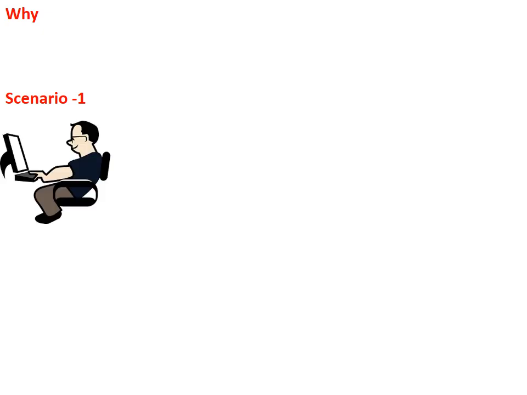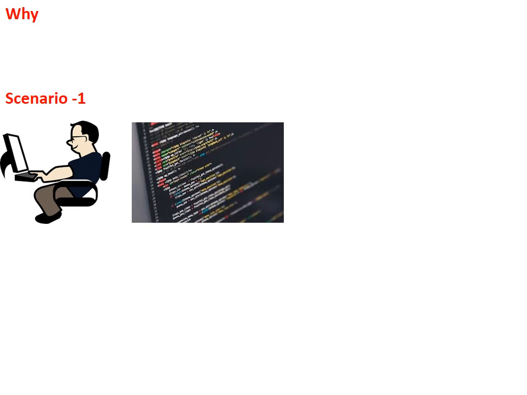Now we will see why we need version control. Take the first example or scenario. Assume you are writing code to simulate a calculator. It is not easy to write code in a single stretch. After several changes, you may ruin the code. How will you get back to the previous version?